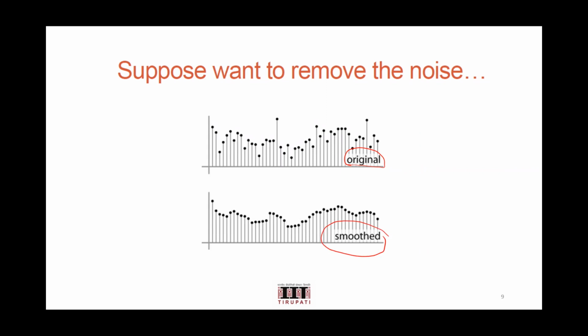That's the assumption we are making here, and based on that we want to get a smooth version of that. Based on the notations that we used earlier, this is your observed image.